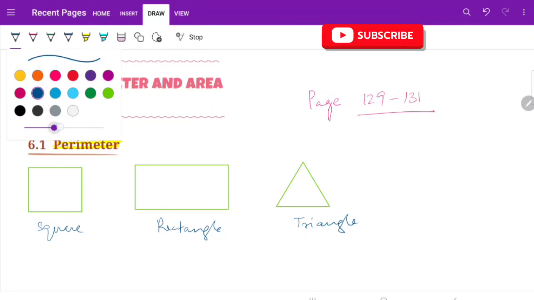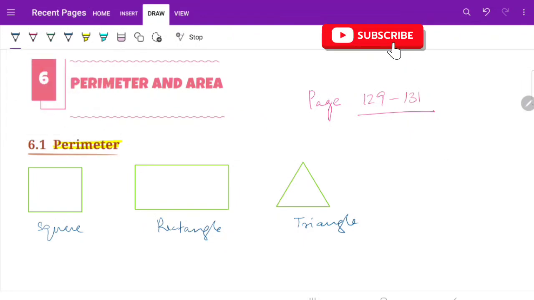Now, what is perimeter? First we need to understand it before we solve the problems on page number 132. Perimeter means simply adding all the sides. For example, the perimeter of a square means adding the lengths of the four sides of the square.